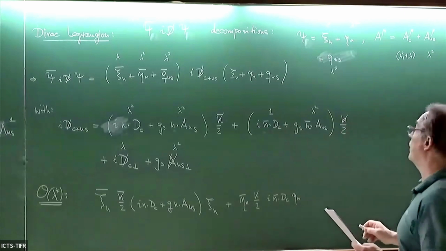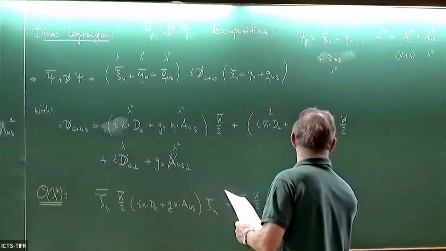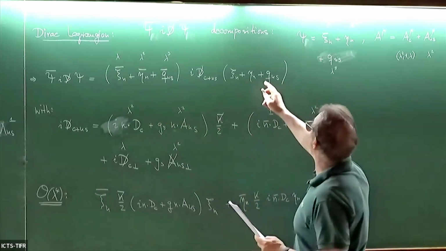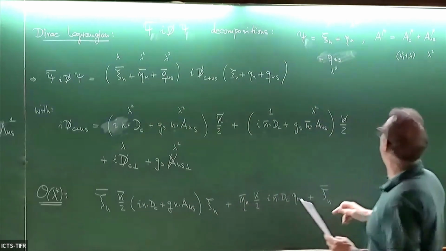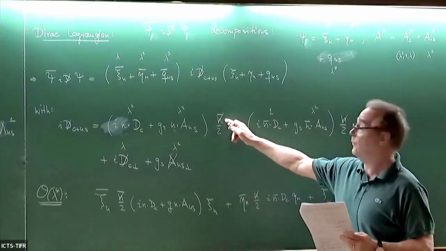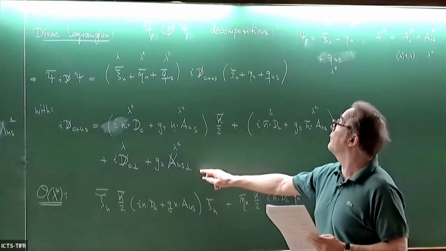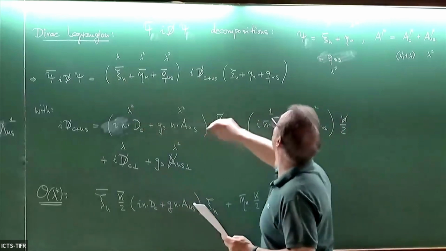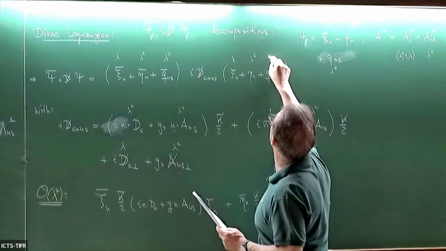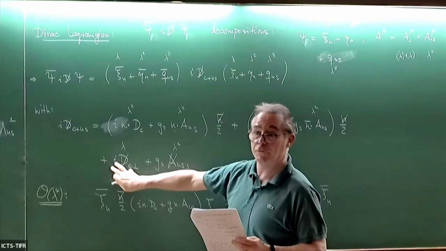Let's do the mixed terms. 1 xi, 1 eta. So if I have 1 xi, 1 eta, the xi is destroyed by n slash, the eta is destroyed by n bar slash. So the only thing that survives is the perp terms. However, the xi has order lambda, the eta is order lambda squared counting, so I already have lambda cubed. So I'm only allowed to keep the first term here to get lambda to the 4.